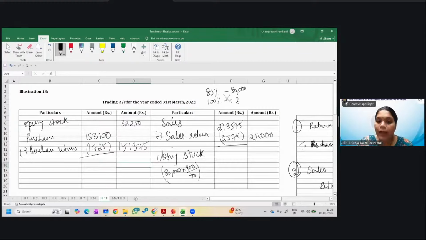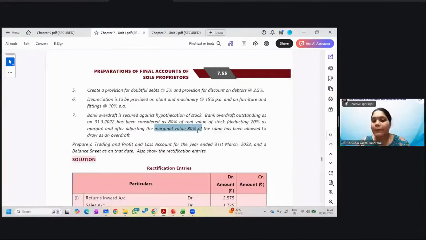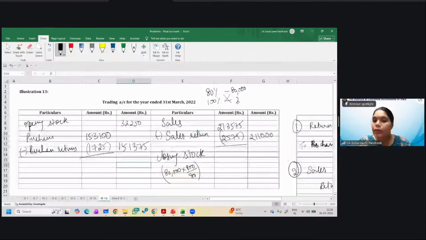Now, they also told that there is a marginal value of 80% that has been allowed as an overdraft, which means this is also not the closing stock value. On this, again, 100 by 80 has to be done to see what is the marginal cost that has been given to us. So calculate this. One, it is the value of stock.